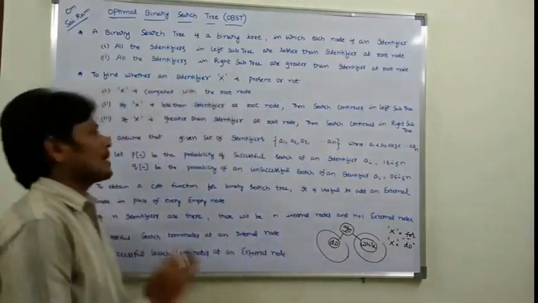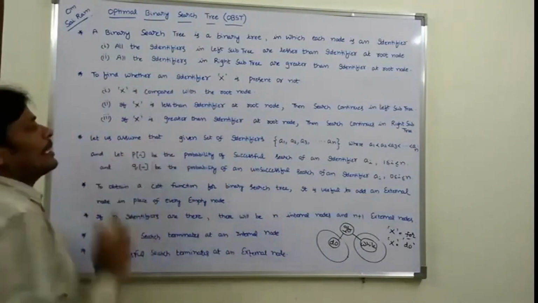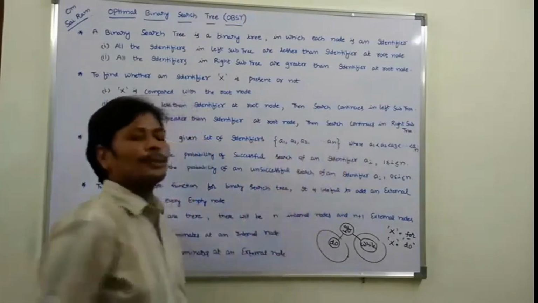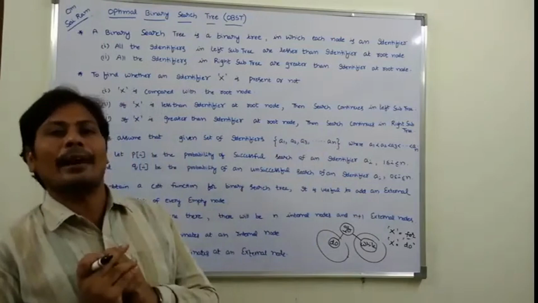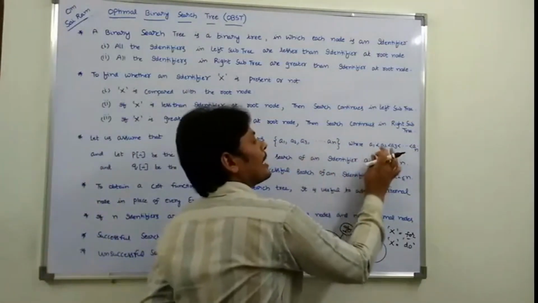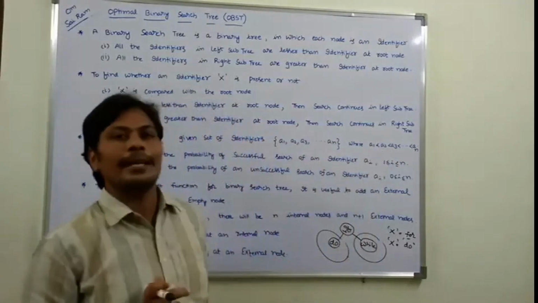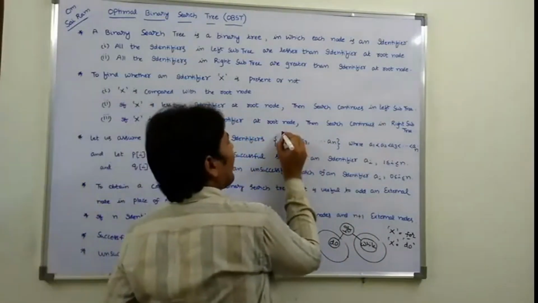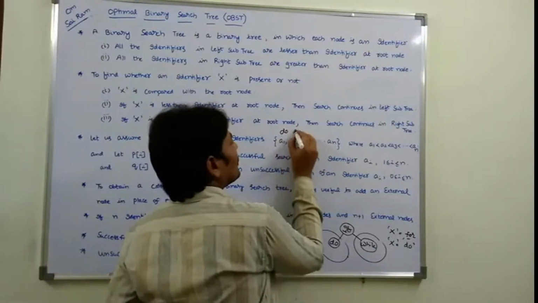Next, let us assume a set of identifiers A1, A2, A3, up to AN. So there are n identifiers.